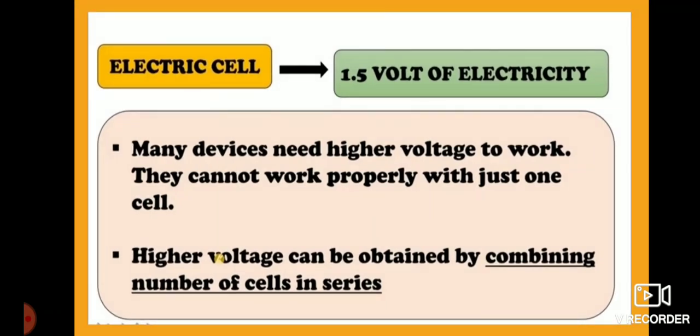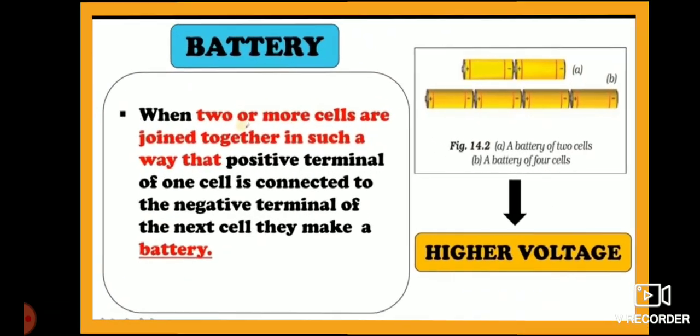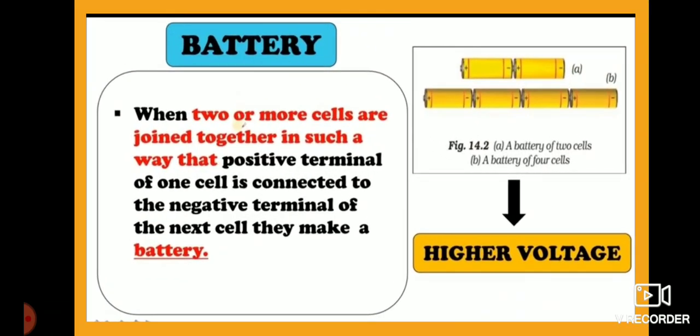Many devices need higher voltage to work. They cannot work properly with just one cell. Higher voltage can be obtained by combining a number of cells in series. Please watch the picture. When two or more cells are joined together in such a way that the positive terminal of one cell is connected to the negative terminal of the next cell, they make a battery.